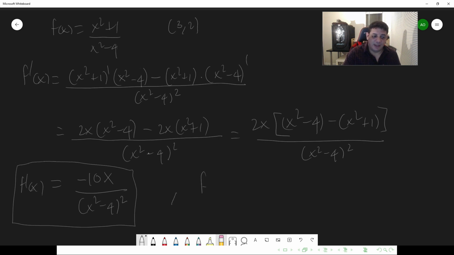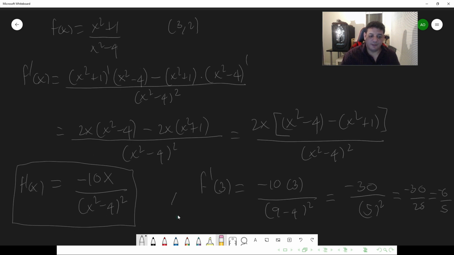Now we can plug in 3, and f prime of 3 is going to be minus 10 times 3 over (9 minus 4) squared. And so that means minus 30 over 5 squared, which is 25. And so we can divide everything by 5, and this is going to be minus 6 over 5.